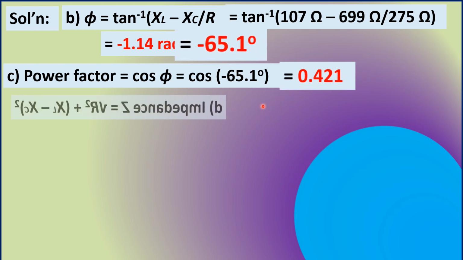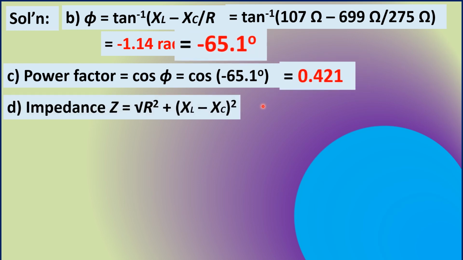For letter D, we are looking for the impedance, capital Z, using the formula square root of the square of capital R plus the square of the difference between the XL and XC, or the inductive reactance minus capacitive reactance.